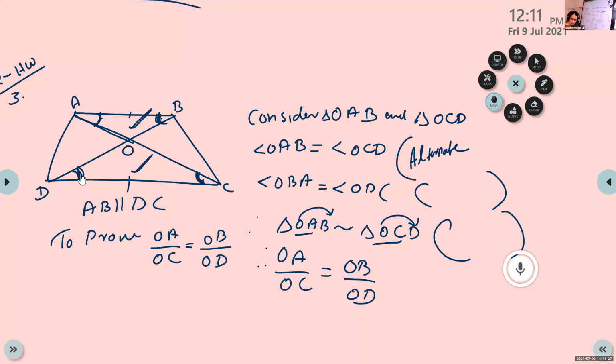So two sets of angles are equal. Hence, those two triangles are similar. If they are similar, we can write sides are proportional.